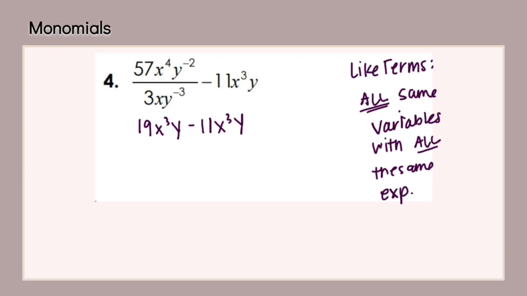But all the same variables with all the same exponents in order for you to combine them. So we have x cubed y, x cubed y. These are like terms, so we can combine them. So 19 of these minus 11 of these is 8 of those. So 8x cubed y would be your final answer.